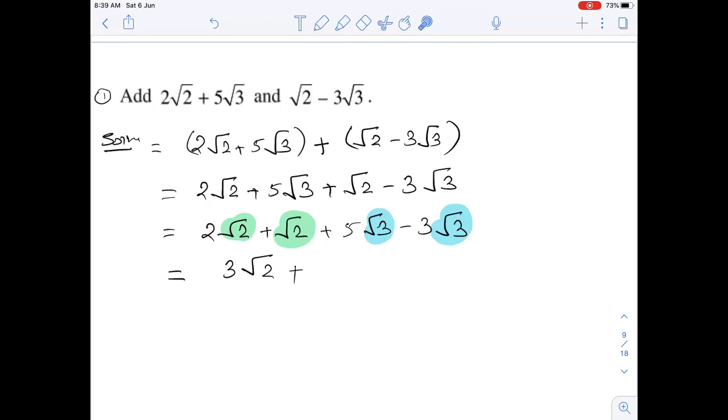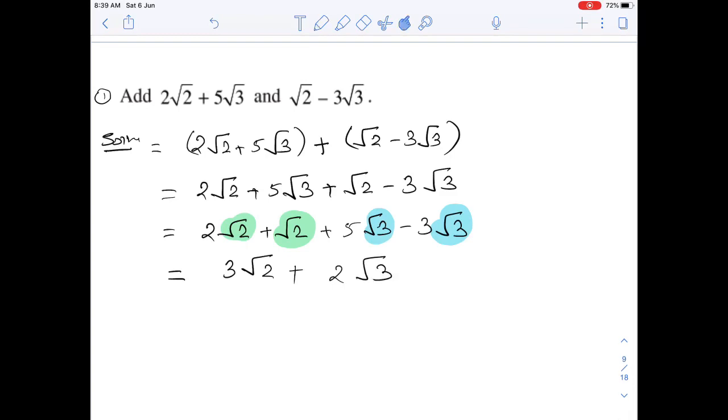Now here same root numbers, root 3, in between minus sign is there, so we can subtract these numbers. So you will get 5 minus 3, that is 2 root 3.